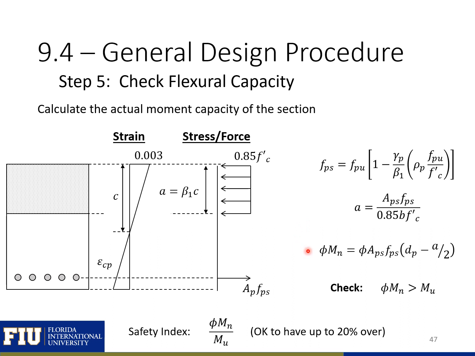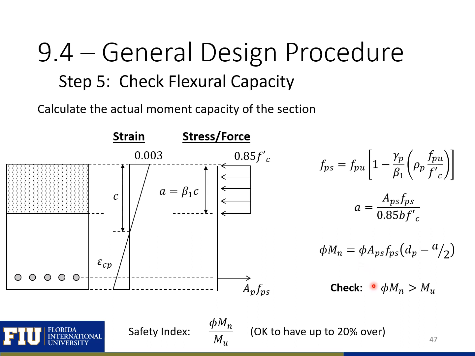For our phi factor, we would need to calculate the strain in our pre-stressing caused by the applied moment and determine whether that's greater than, equal to, or less than 0.005. As long as we're greater than 0.005, then we're tension controlled, so our phi is 0.9.